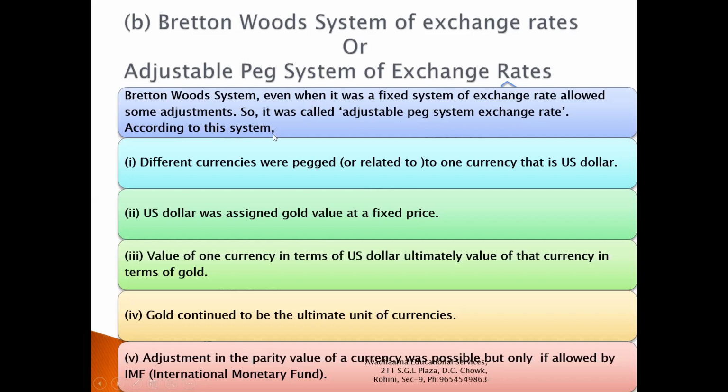Now according to this system, different currencies were pegged or related to one currency, that is US dollar. Pegged means we have adjusted, and that is related to one currency, and that currency is your US dollar. Now US dollar was assigned gold value at a fixed price.